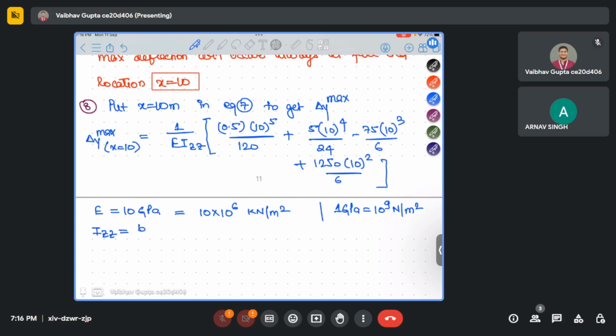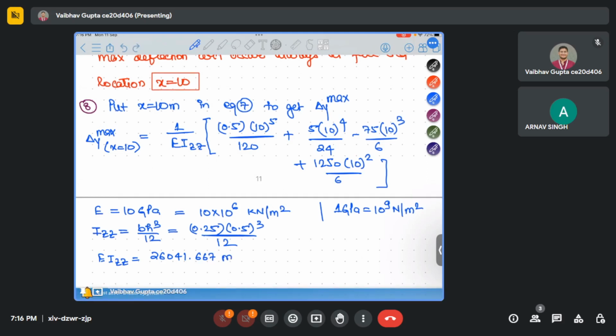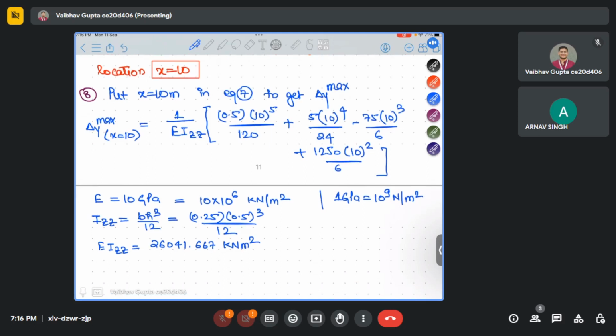EIzz is BH cube by 12, where B is 0.25 meter, H is 0.5 meter. So EIzz together will come out to be 26041.6667 kilonewton meter square. You can check and solve.